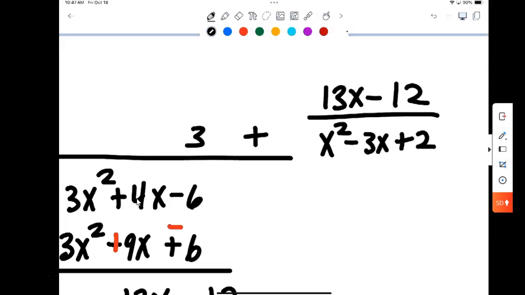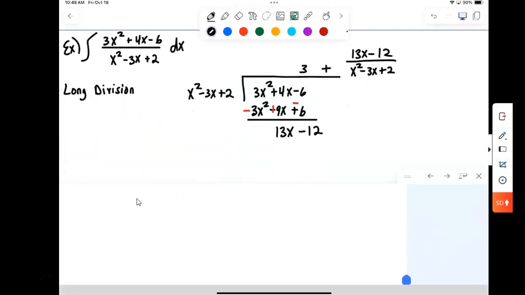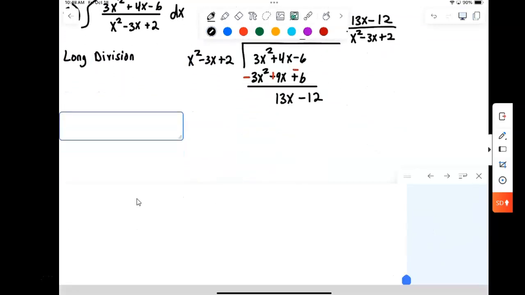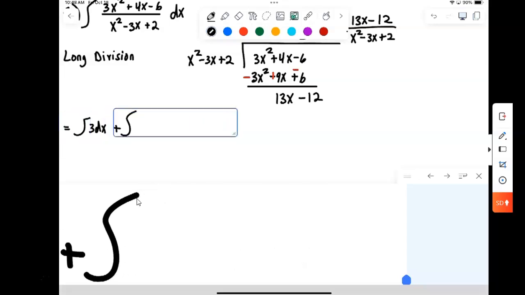All right. So now my problem becomes, we've got to do the integral of 3 dx and the integral of this thing. So my problem now is equal to the integral of 3 dx plus this integral.